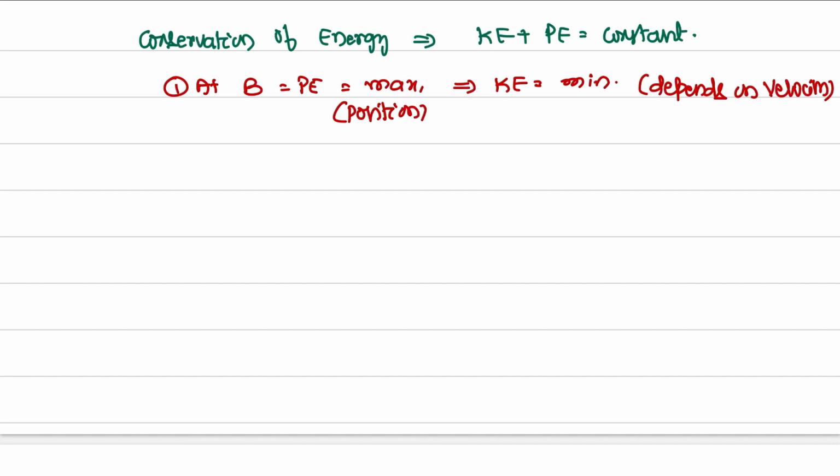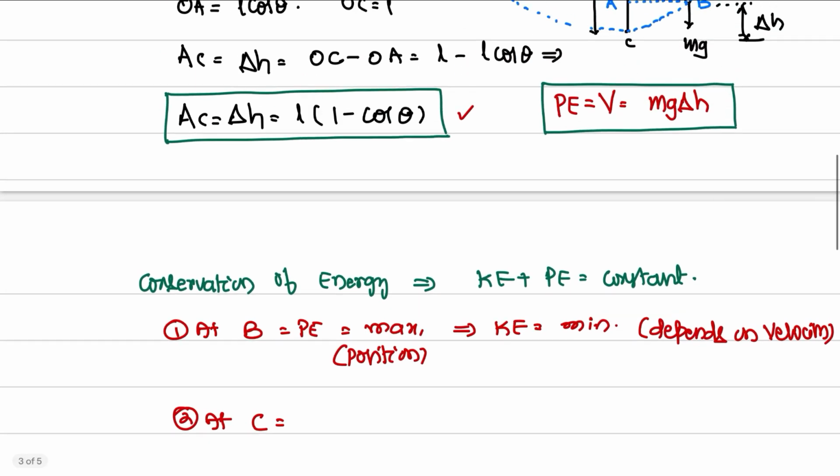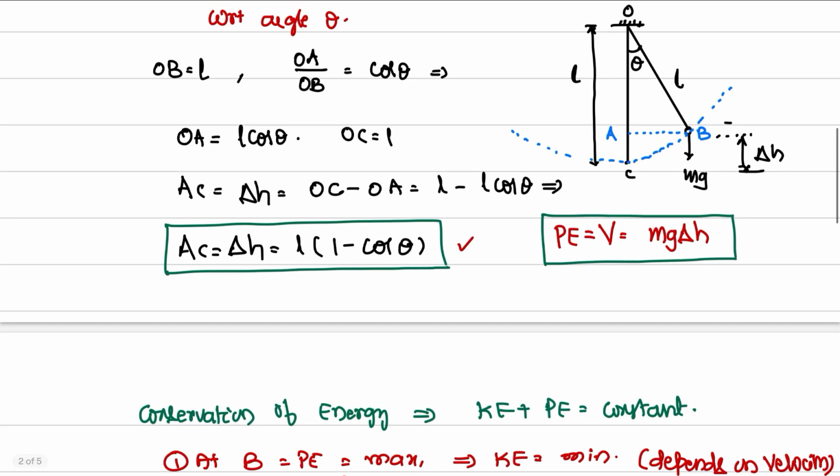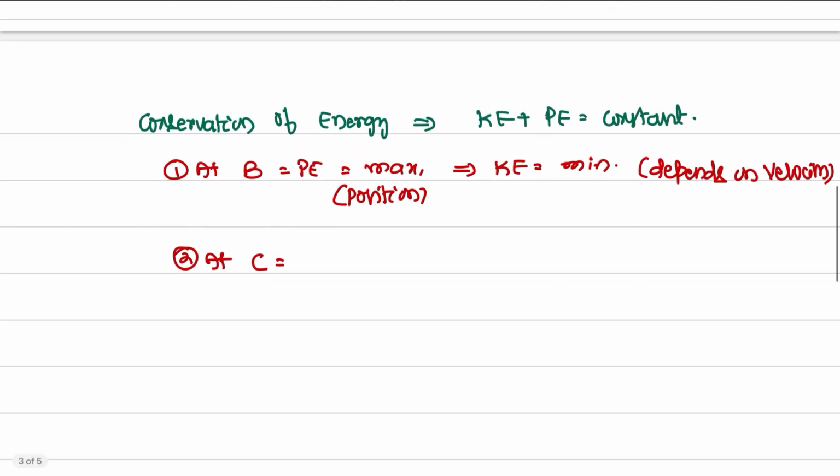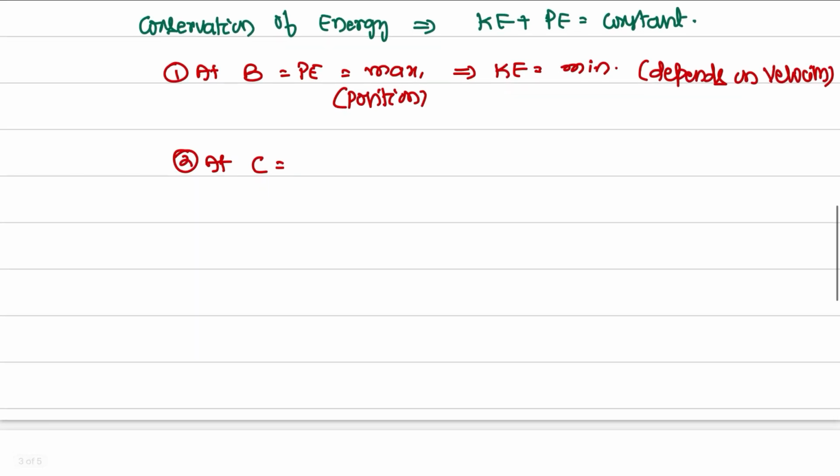Now, P is maximum. Second, we are interested at C, the bottommost point. Potential energy is the minimum, which implies kinetic energy is maximum.